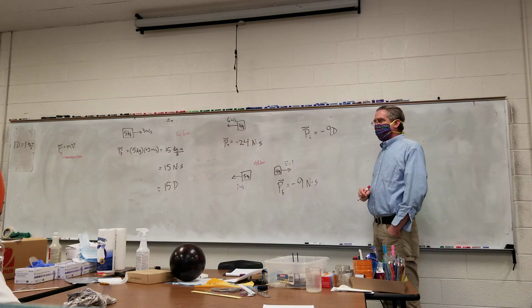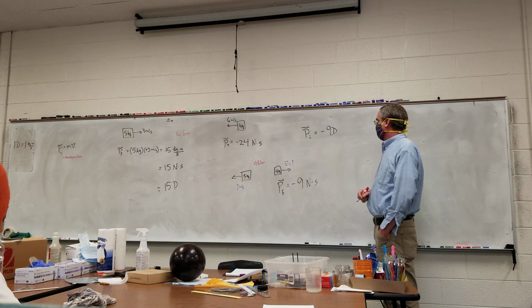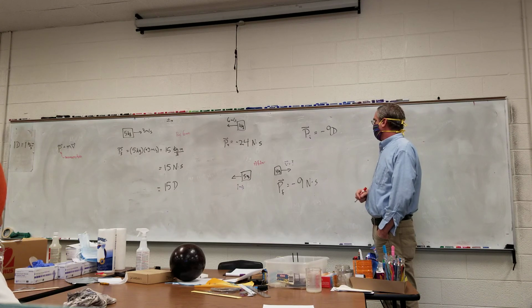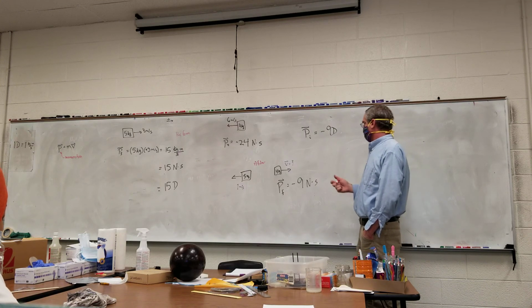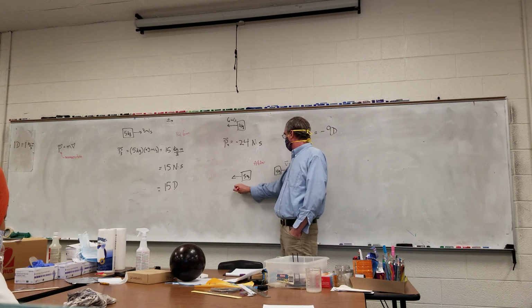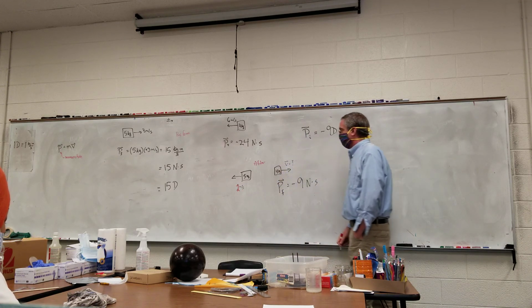Well, we can calculate it. Actually, I think I have set up an impossible situation there. So instead of 1 meter per second to the left, I'm going to make this 2 meters per second going to the left.